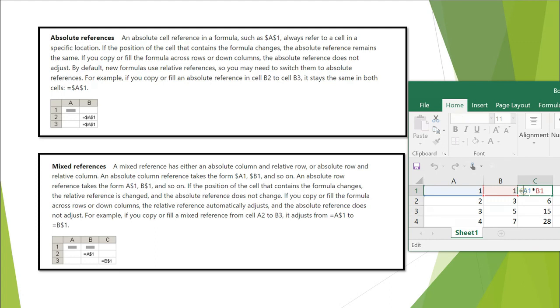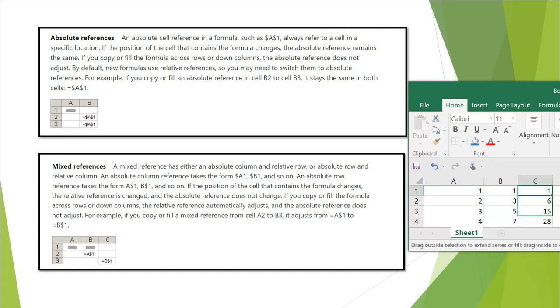I want that the value should remain as A1 multiplied by B1 only, even if I drag the formula. For that I will have to say keep the column constant, keep the row constant, and with a dollar sign keep the column and row constant, meaning do not change it. This is achieved by a dollar sign. So I have changed this to an absolute reference.